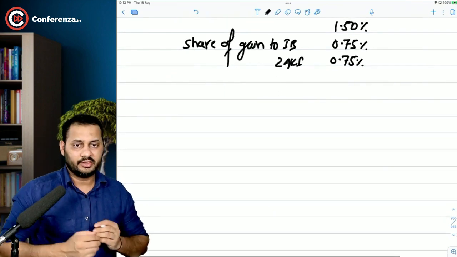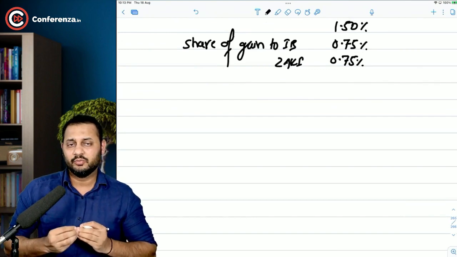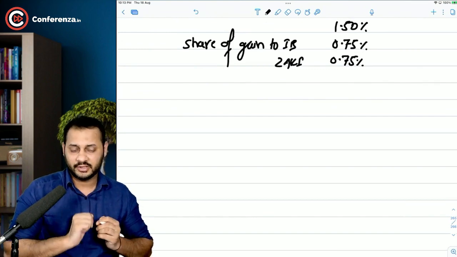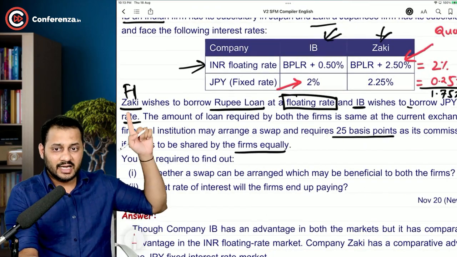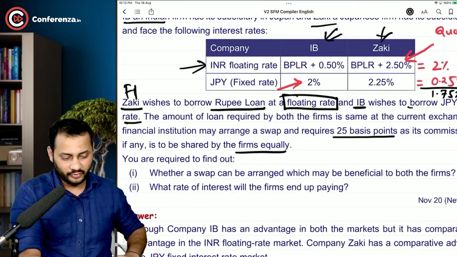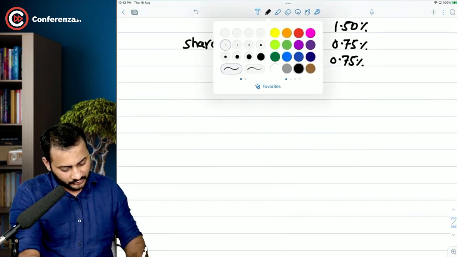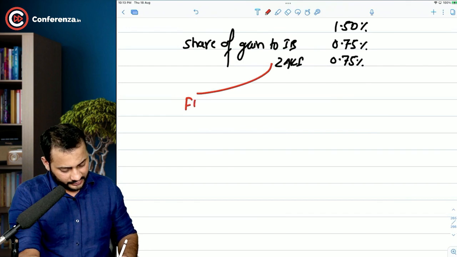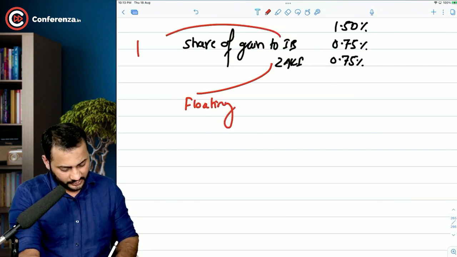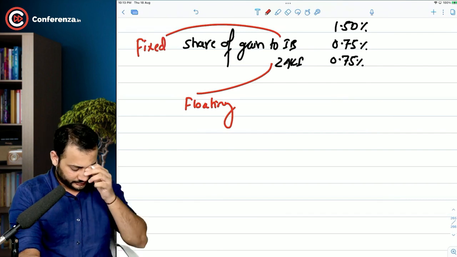What does that mean? It means that IB should be able to borrow at a fixed rate. It wants to borrow at a fixed rate, right? Let me just confirm once again. Zaki wishes to borrow at a floating rate. So Zaki's wish is to borrow at a floating rate, and IB wishes to borrow at fixed rate.